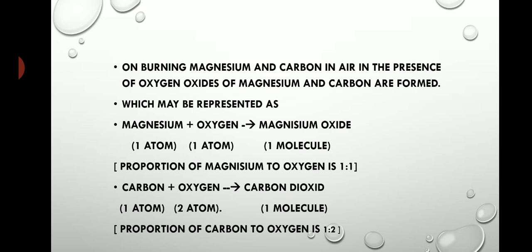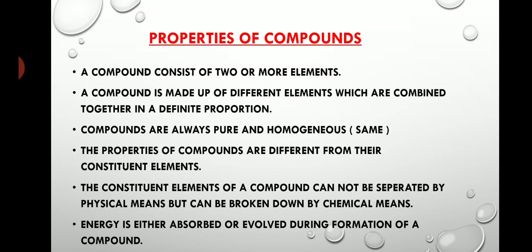The property of magnesium will be different, the property of oxygen will be different, but the property of this compound magnesium oxide, which is formed, will be different. So what is the point? The properties of compounds are different from their constituent elements. After the elements combine chemically, the property of the compound will be different from the parent elements which have combined.